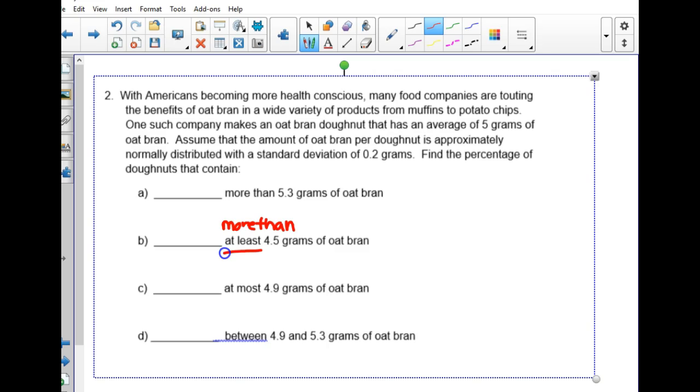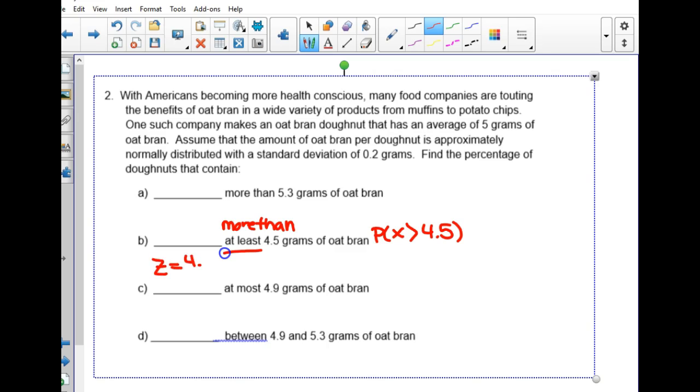So really what we're wondering is we want the probability that X, so our observation, is greater than 4.5. I am not going to be grading these probability statements. I personally just like them where it kind of sets my mind straight. But if you don't like it, you don't have to do it. I need to find a z-score for 4.5.